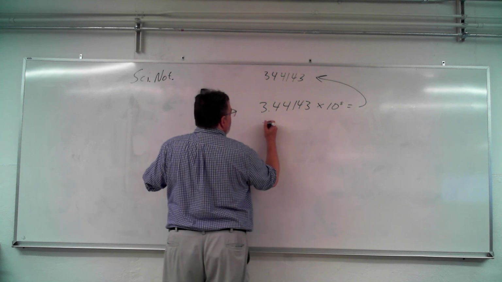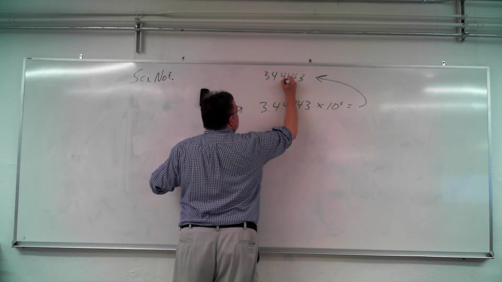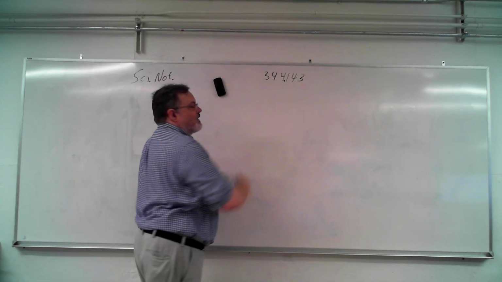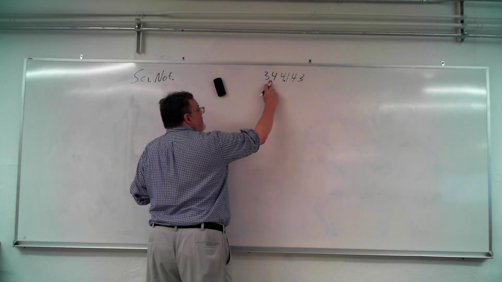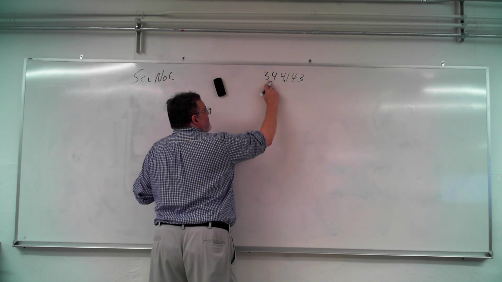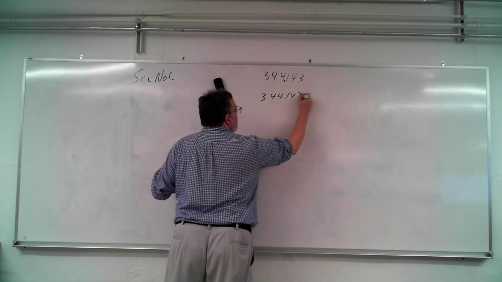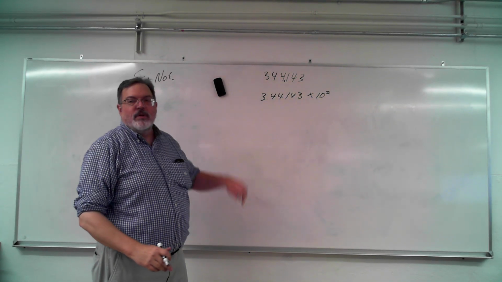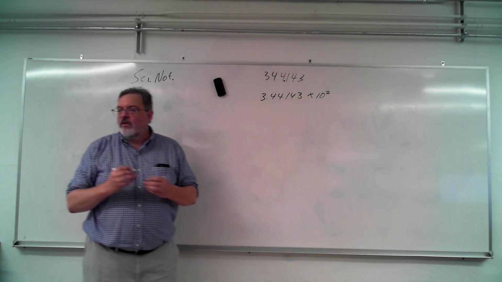Let me throw another example at you. What if it was this? I said, okay, put that in standard scientific notation. You want the decimal here, so you go 1, 2. Now those two numbers equal each other, but this is in the standard notation.